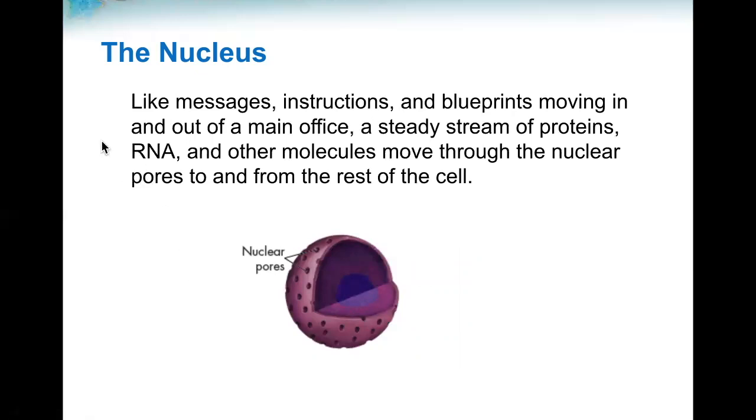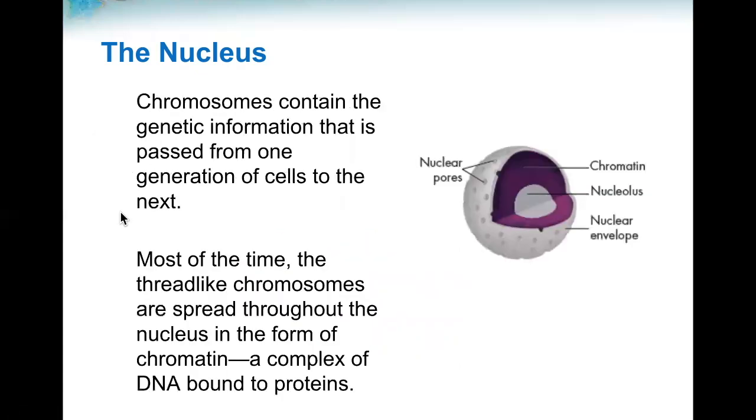Like messages, instructions, or blueprints moving in and out of a main office, a steady stream of proteins, RNA, and other molecules move through the nuclear pores to and from the rest of the cell. Chromosomes contain the genetic information that is passed from one generation of cells to the next.